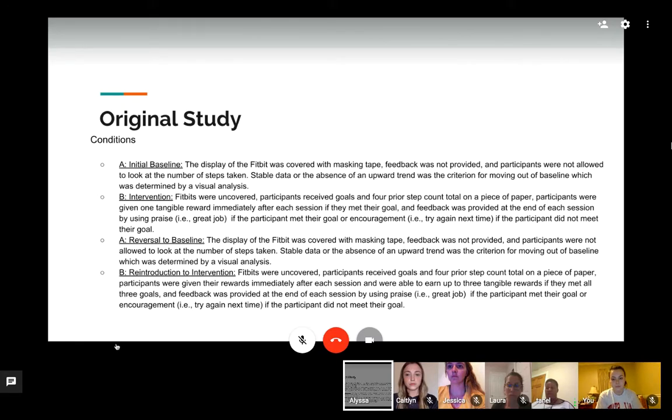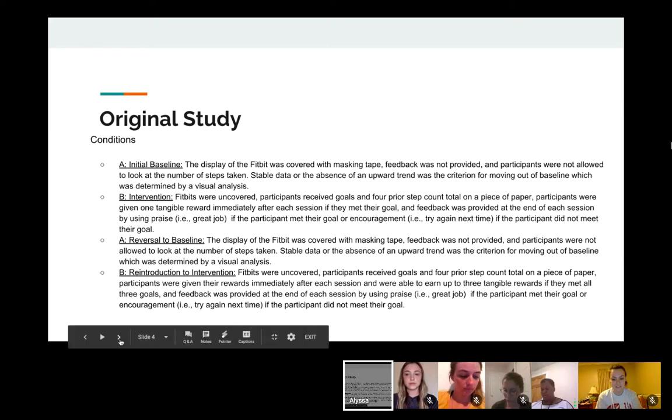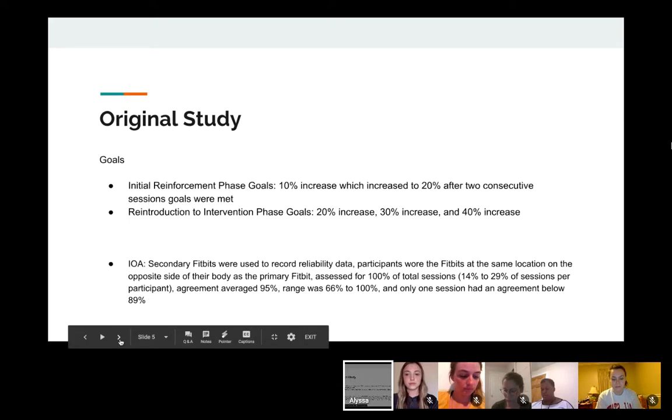In the reintroduction to the intervention, the Fitbit was uncovered again. The participants received their step count, and the participants were given a reward during the intervention.